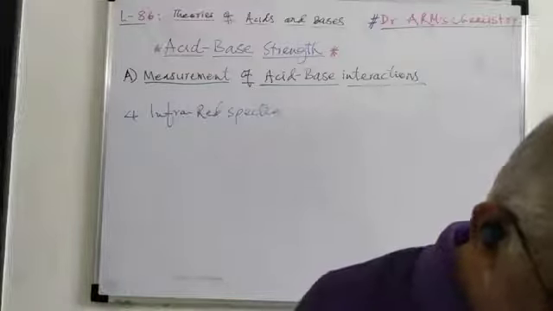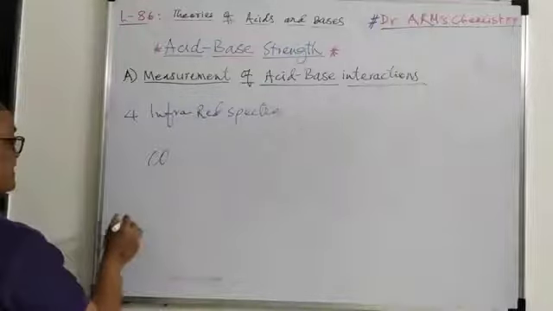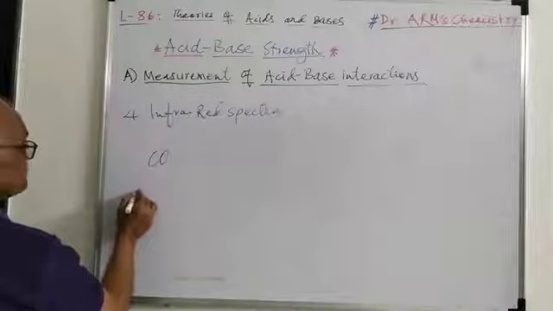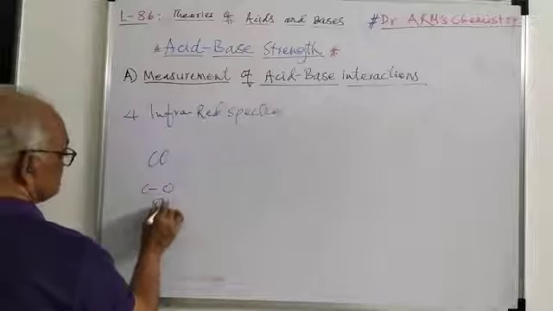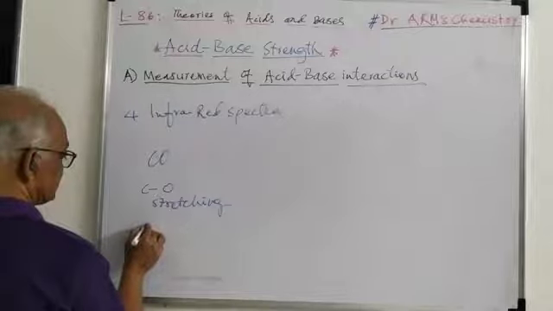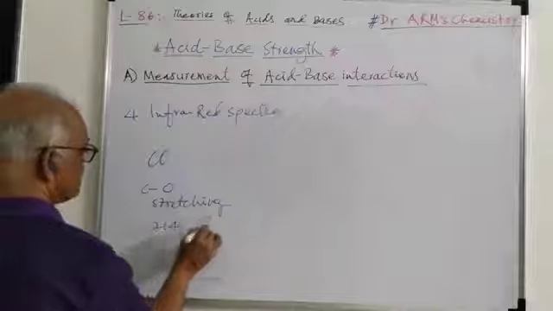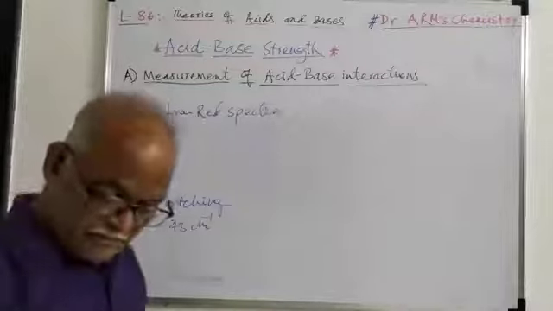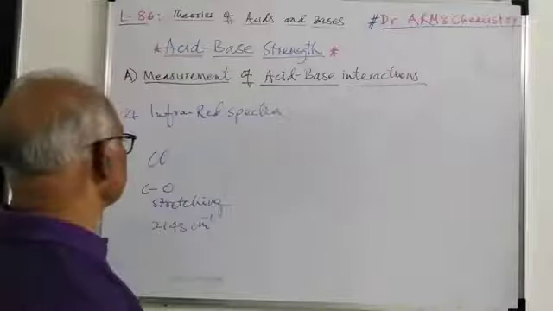For example, if we consider carbon monoxide, it has CO stretching taking place at 2143 per centimeter.